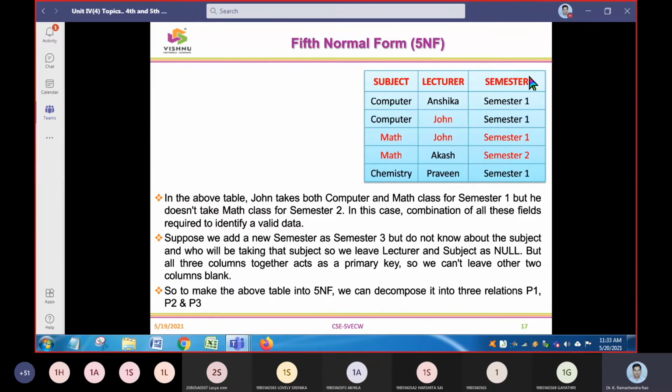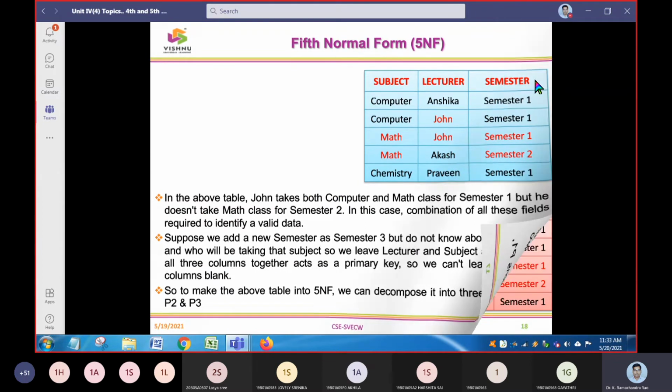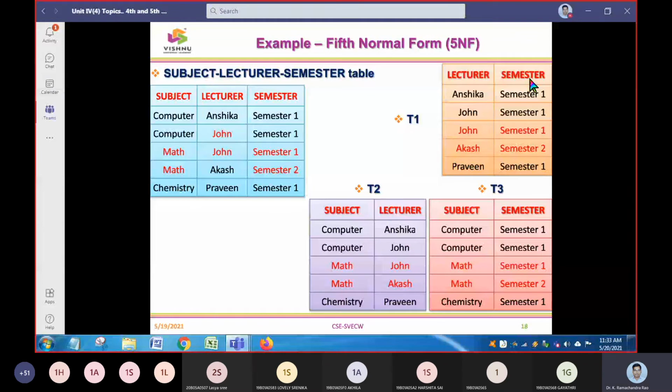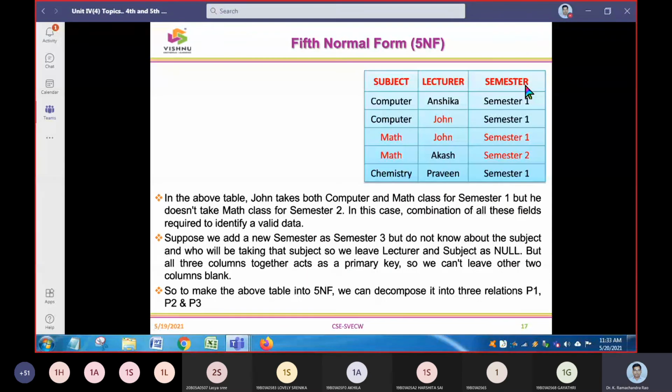similarly, if we are going to add one more semester called semester 3, semester 3 is not really available to any subject as of now. So we put those attributes as null values. We have taken the importance of null from left outer join, right outer join, and full outer join. When we merge records from two data sets, if the record is found, we put the left-hand side with the data and the right-hand side we merge with null values.